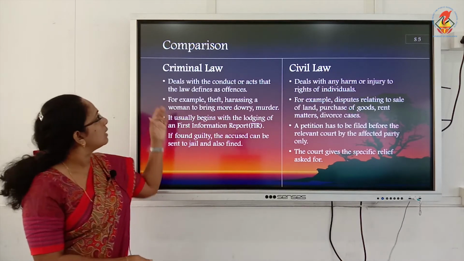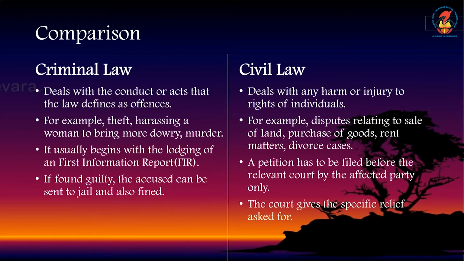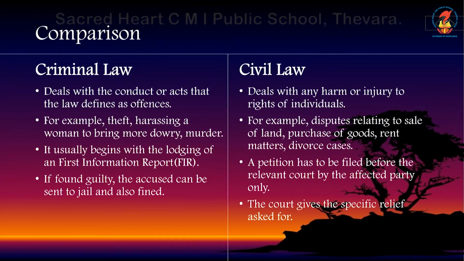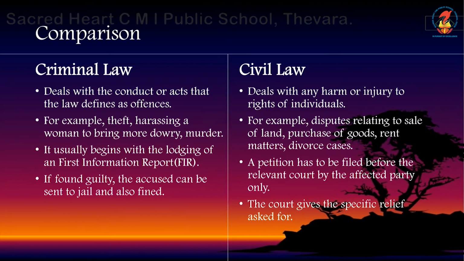You can see that criminal law deals with the conduct or act that the law defines as offences. An offence is an illegal act. But civil law deals with any harm or injury to the rights of individuals. Look at the difference in examples, children.